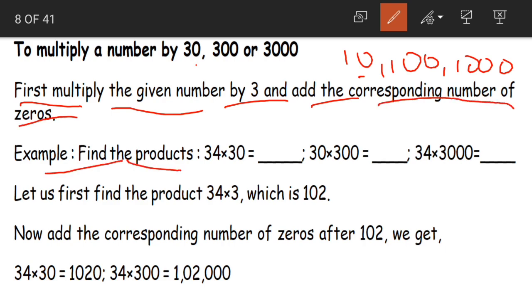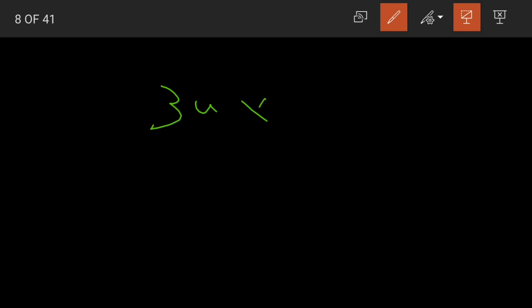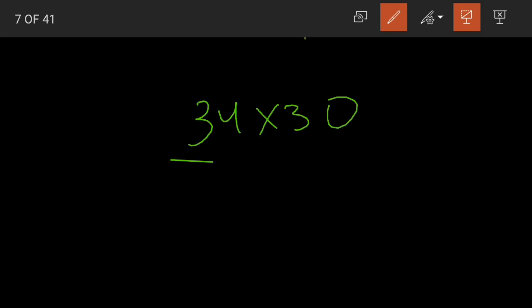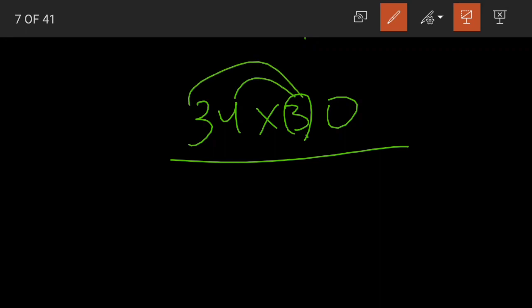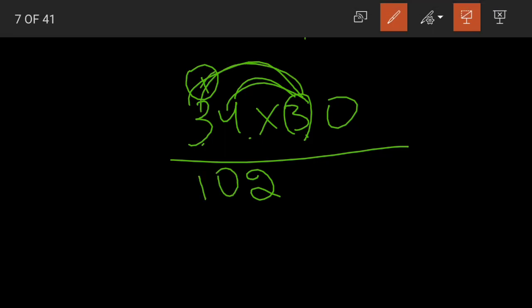For example, find the product 34 into 30. Now how to multiply this means, first multiply 3 with 34. 3 fours are 12, 2 here 1 carried. Okay children, next 3 threes are 9 plus 1, 10. What did we get? We got 102 as the product.